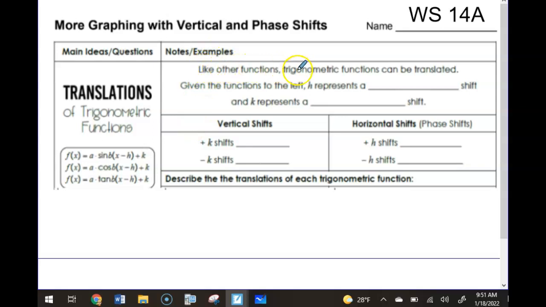Like any other function, trig functions can be translated up, down, left, right. H in here represents a horizontal shift, and we're not doing those today. K back here represents a vertical shift. Positive K would shift the graph up, negative K would shift the graph down.